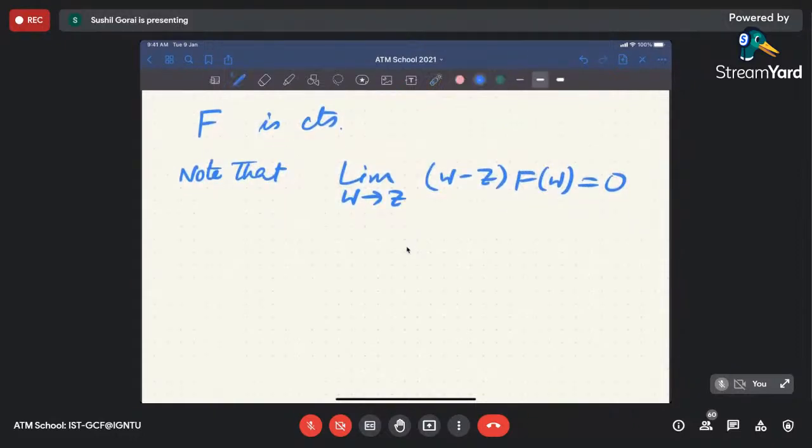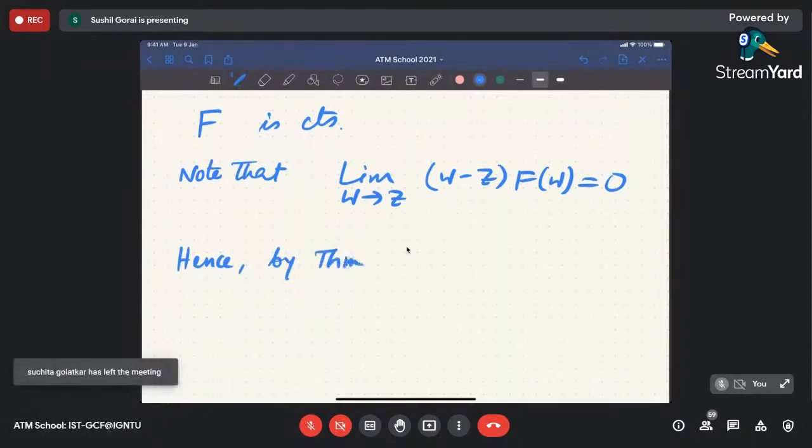Once you can do it with rectangles, you can do it with any curve inside this, just as you do before. So hence, by theorem. That theorem is a generalization of whatever we proved, I think 3.2.